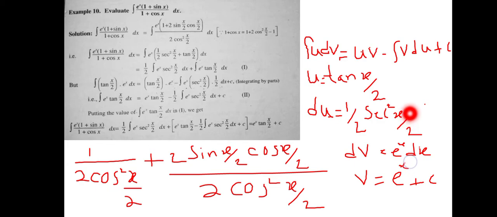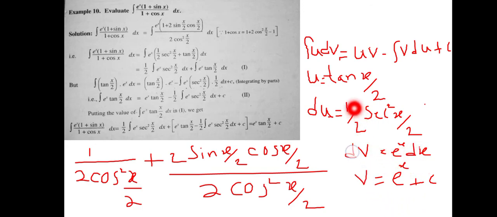Here we will write dx as well. And now we have dv is equal to e raised to the power x dx. By integrating on both sides of the equal sign, the integral of dv is equal to v, and the integral of e raised to the power x dx is e raised to the power x plus c.